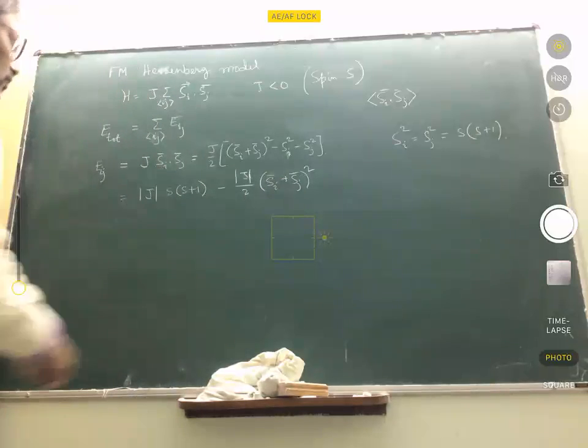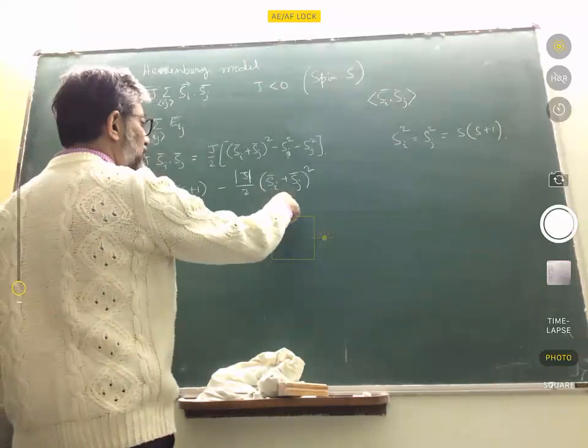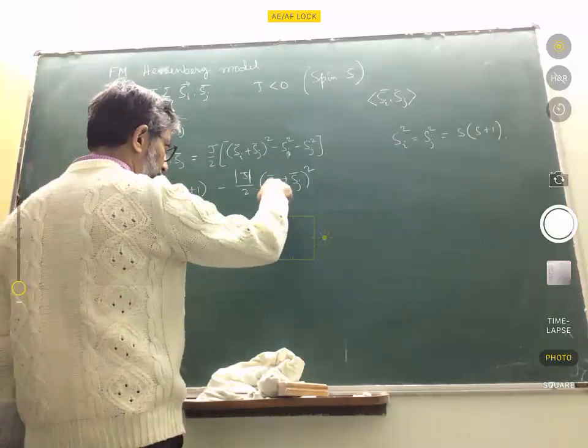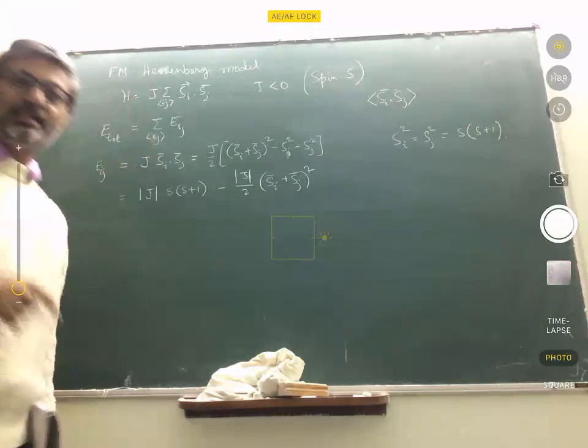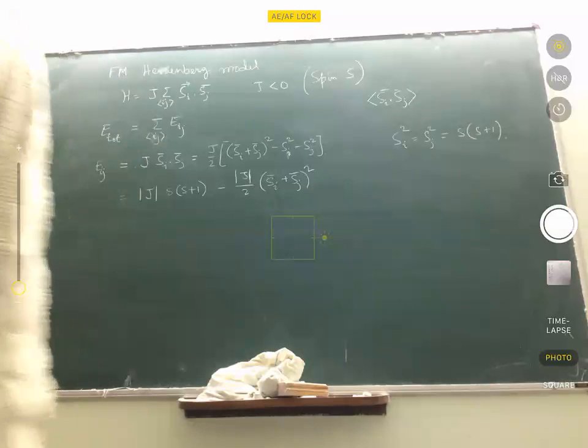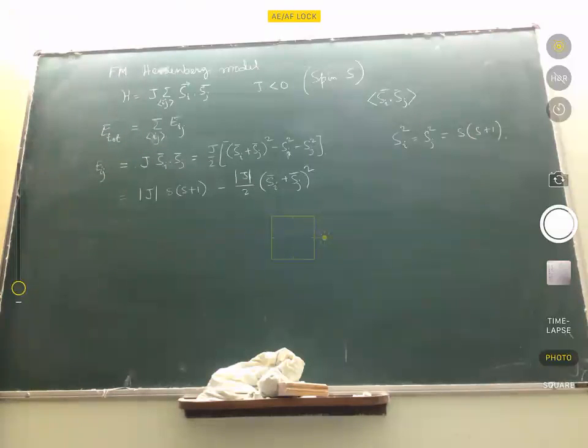Now where is this term minimized? This contribution is minimized when Si plus Sj takes its maximum value. Now the maximum value when you add 2 spin S is twice S. So that will give me the minimum of Eij.